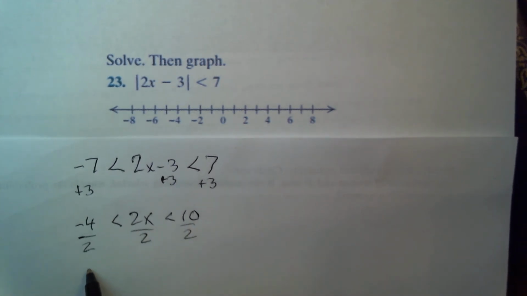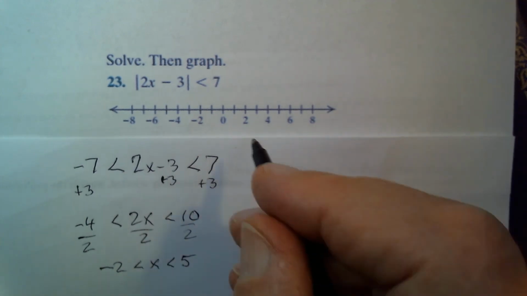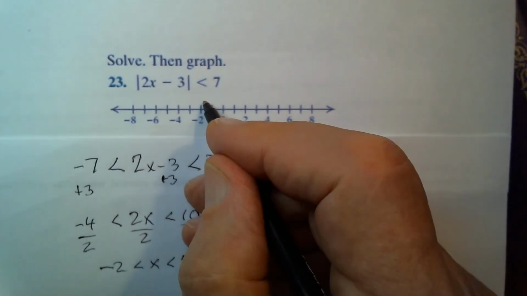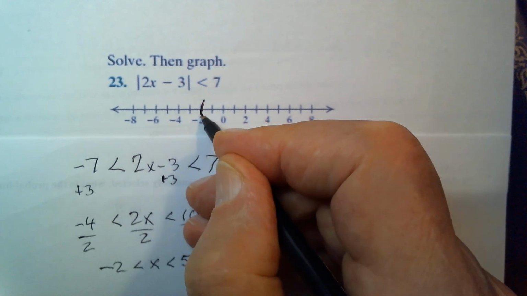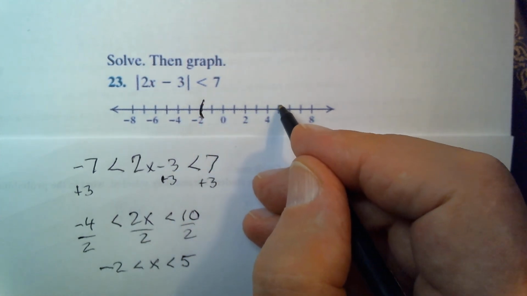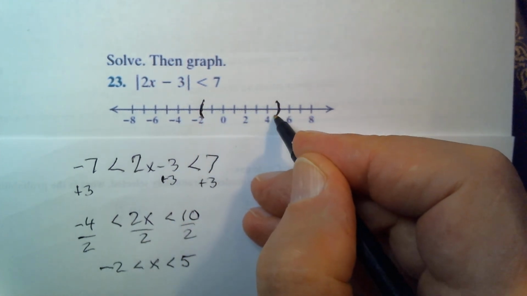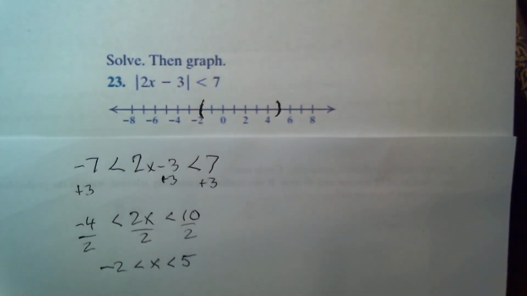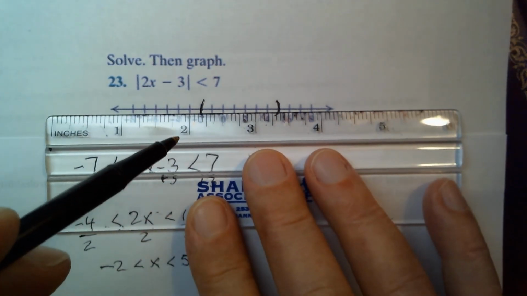So then we get negative 2 less than x less than 5. So we can graph this by putting a parenthesis at minus 2 and another parenthesis at 5. And this then is our solution set in form of a graph.